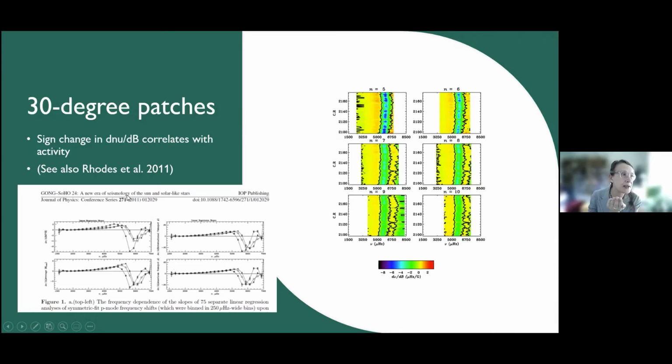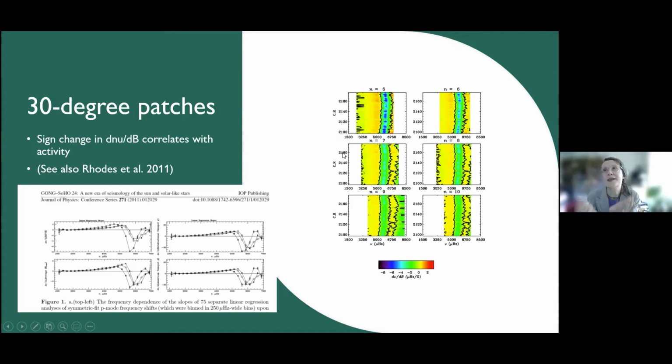This plot down here is from analysis by Andrade and collaborators of high degree global modes over short periods. And you can see the same kind of behavior, but also you can see that at different times of the cycle, it's crossing the zero at slightly different places.